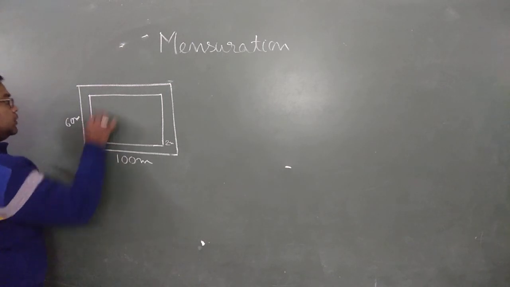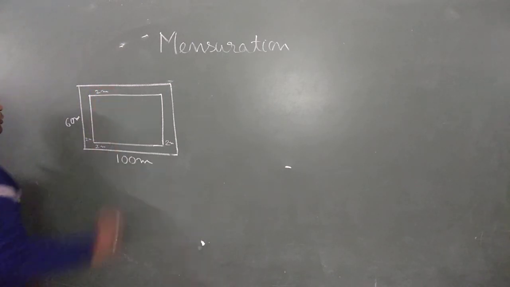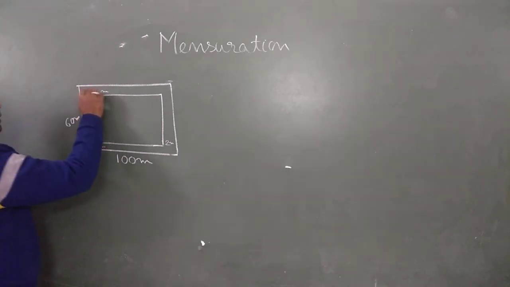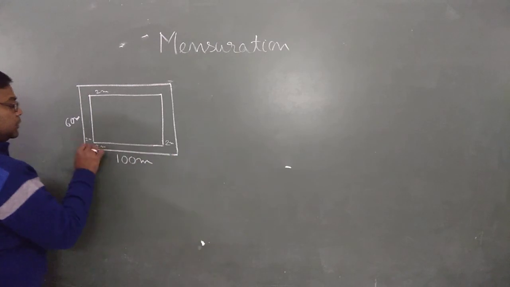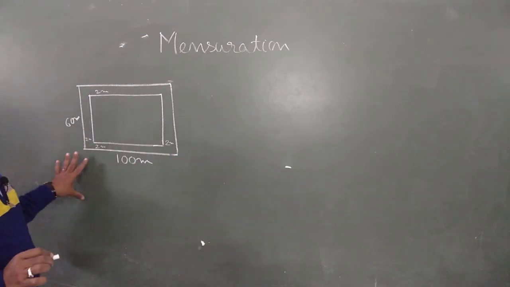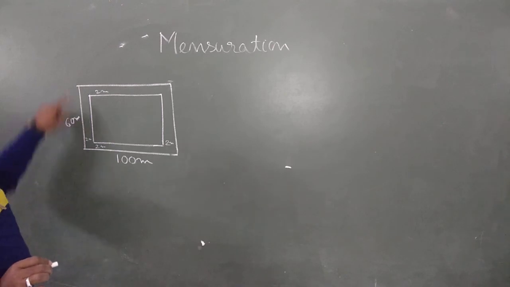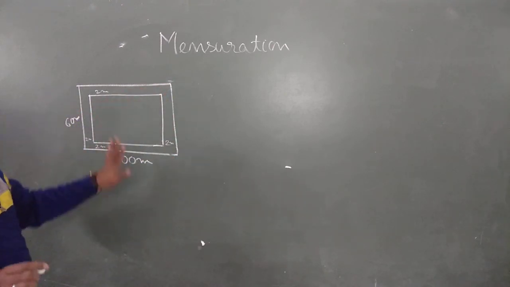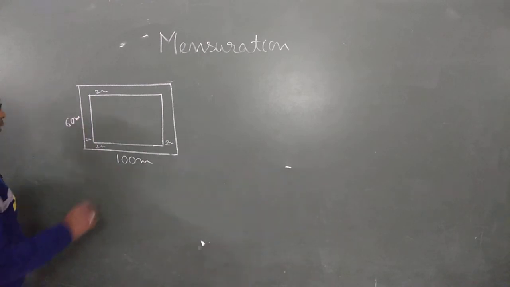The question says: find the area of the path. In this case, first we have to find out the bigger rectangle, that inner one. How do we find it? See it very carefully.